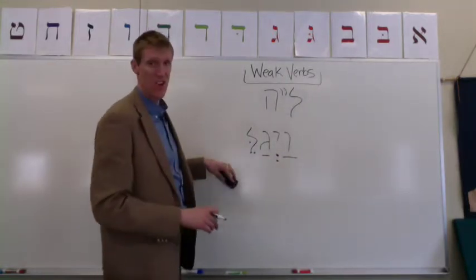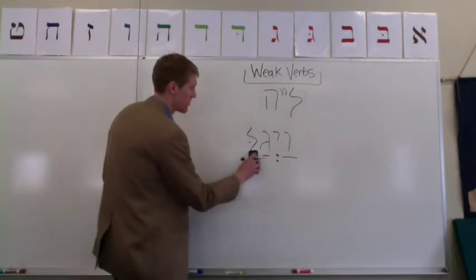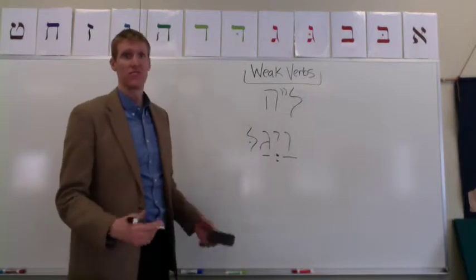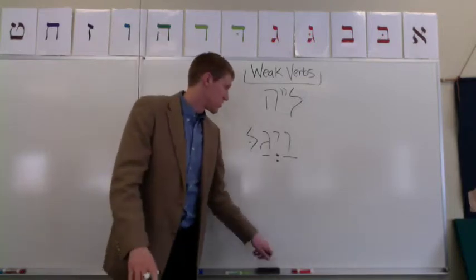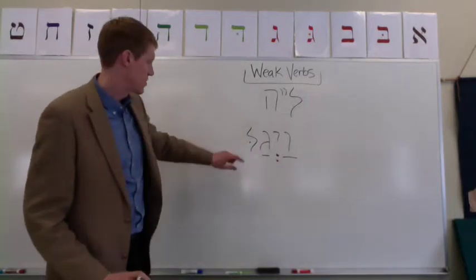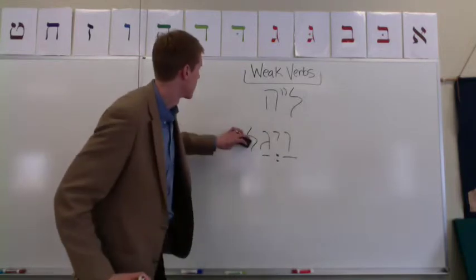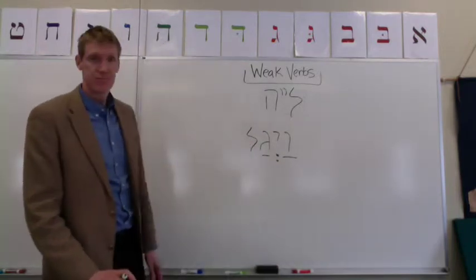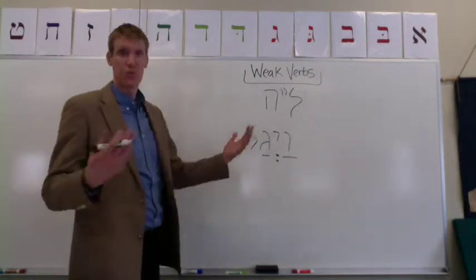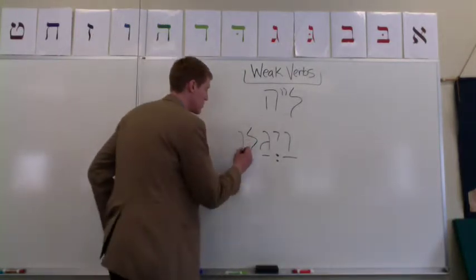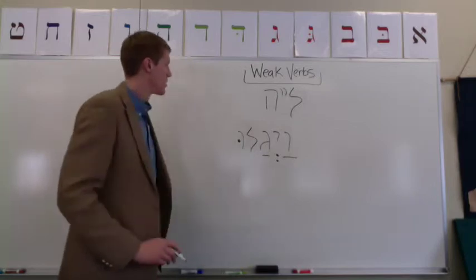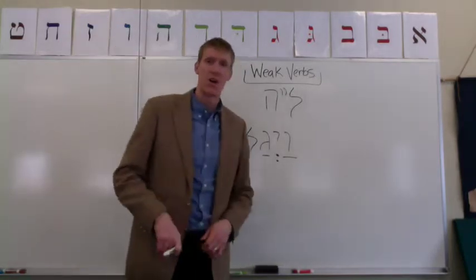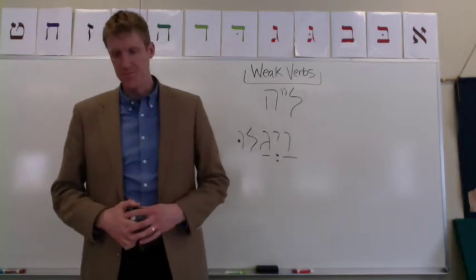The hey falls off again, and therefore the final vowel has to fall off, and you're left with vayigal. You can't end it with a dagesh forte, so vayigal. And if this was a third masculine plural form, it'd be vayigalu. Okay, so that hey just falls off in every form of the vav consecutive.